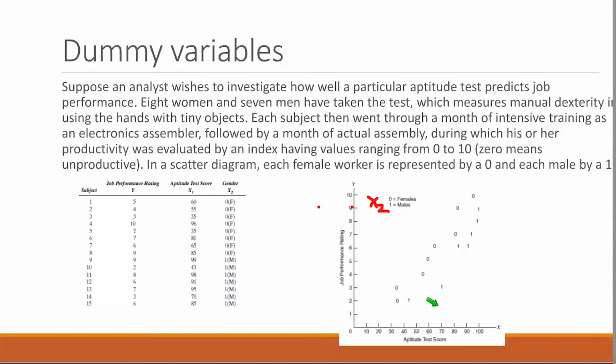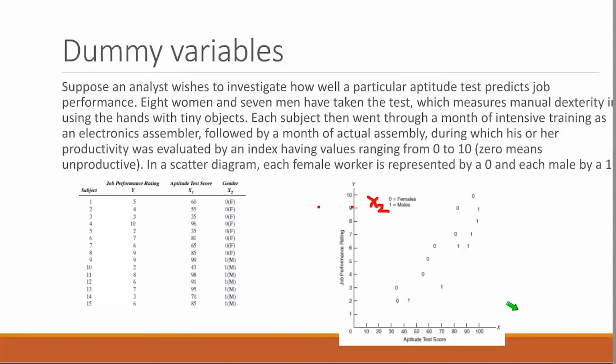So that means in general, females have a better performance than men based on the same aptitude test score, right? And that also tells us it's very important that we control for gender. That means it's very important for us to differentiate between the two genders.